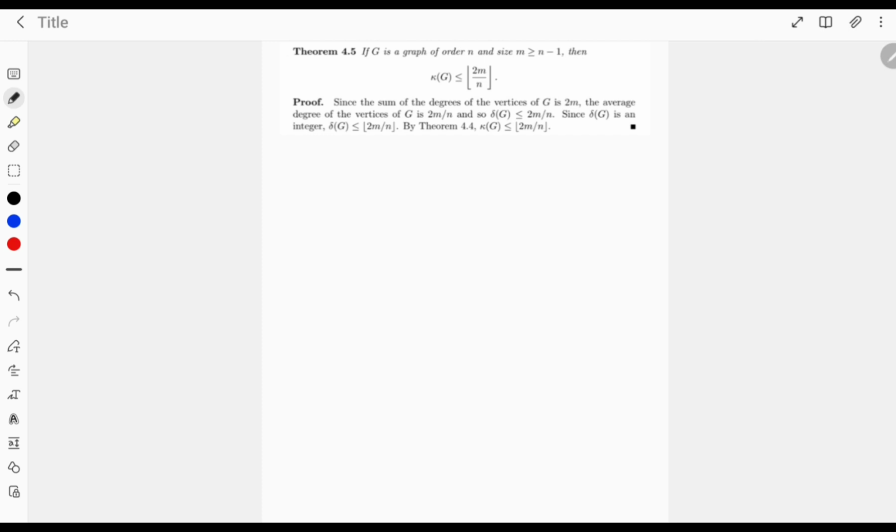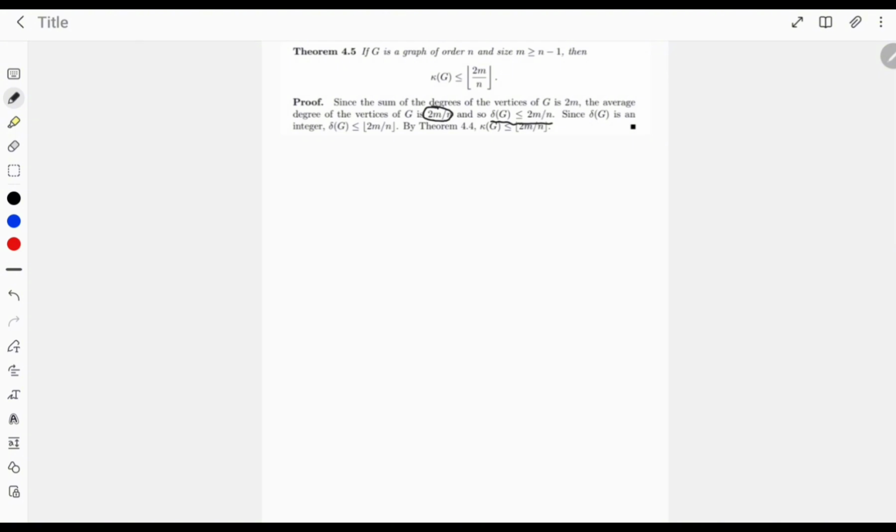I think we already tackled that. Sir Sagani already discussed that one. So here the average degree of the vertices of G is 2m over n, and so this one holds.